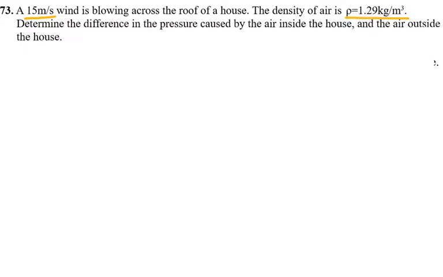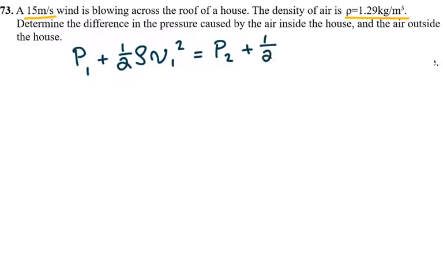the potential part of the Bernoulli equation, and again I have P1 plus 1/2 rho V1 squared is equal to P2 plus 1/2 rho V2 squared.